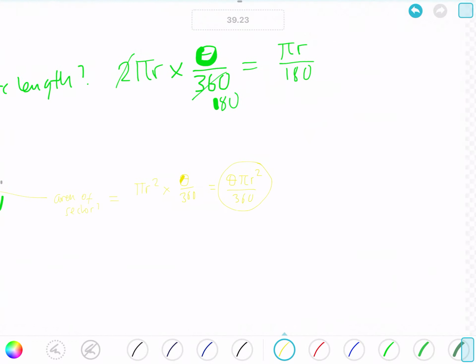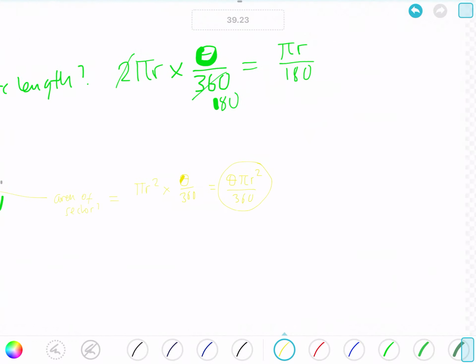Now the nice thing about using radians is, can you see what it's going to be? We're going to be able to cancel a big chunk of this equation. So we're going to be left with just simply r times theta, and that's going to give us the arc length, as long as theta's in radians. We've got a really neat little formula.